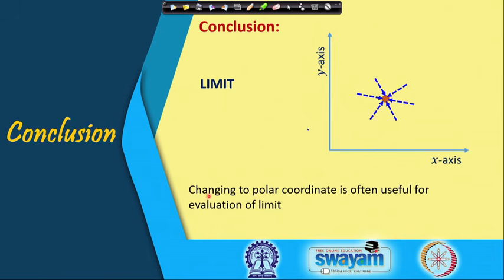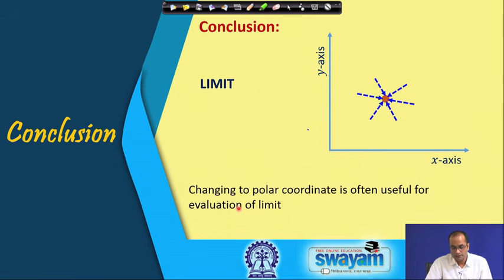Again, we will see more in the next lecture that changing to polar coordinates is helpful for evaluating the limit, but we have to be very careful that while taking the limit as r goes to 0, it should not depend on the angle theta.